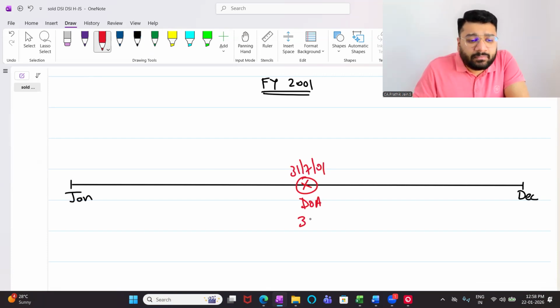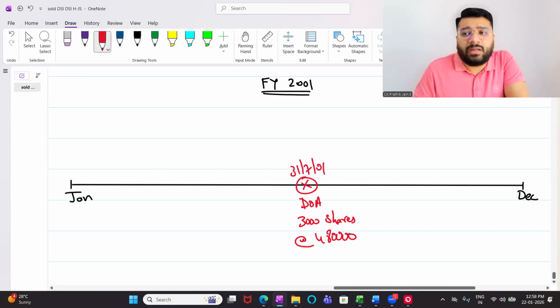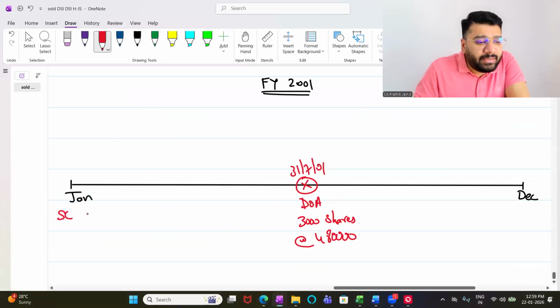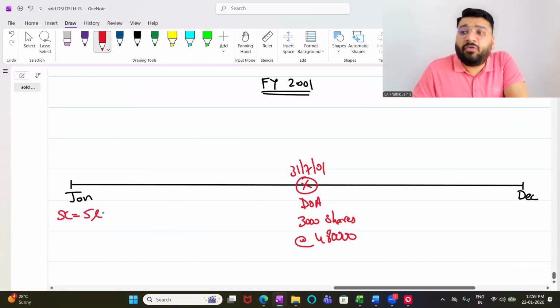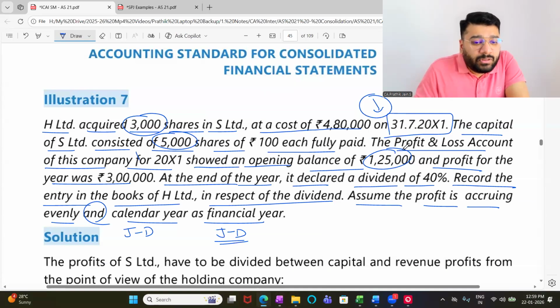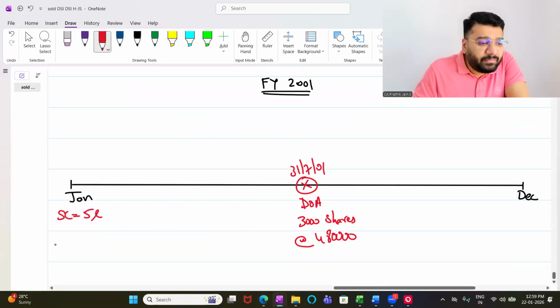What have you acquired? 3,000 shares at a cost of 4,80,000 rupees. I'm just putting the data. In the exam, so much is not required. This is for your understanding. The capital of S Limited consisted of 5,000 shares, so share capital is 5 lakh. Any problem? Share capital of S Limited. The P&L of this company on the opening date. Opening P&L is how much? 125. So what is the P&L? Reserve and surplus balance? 1,25,000. Reserve and surplus is 1,25,000.